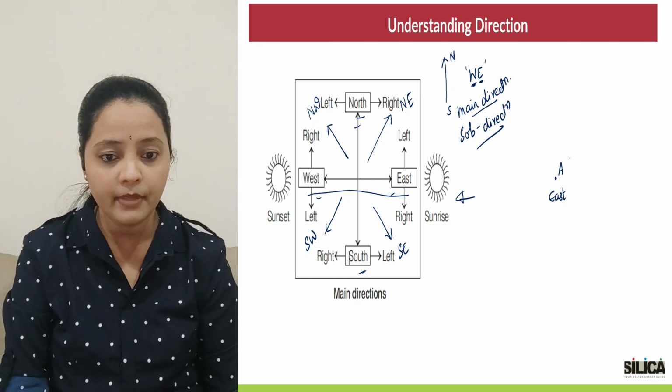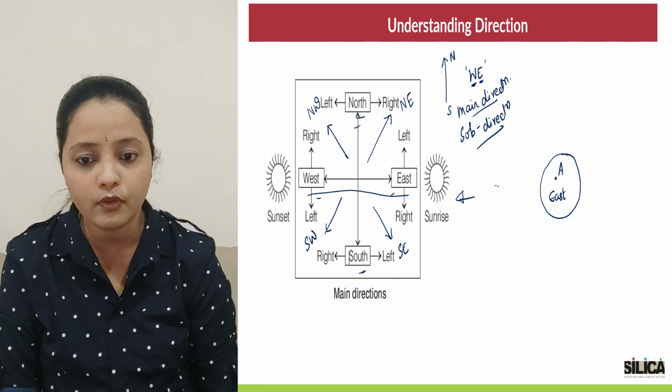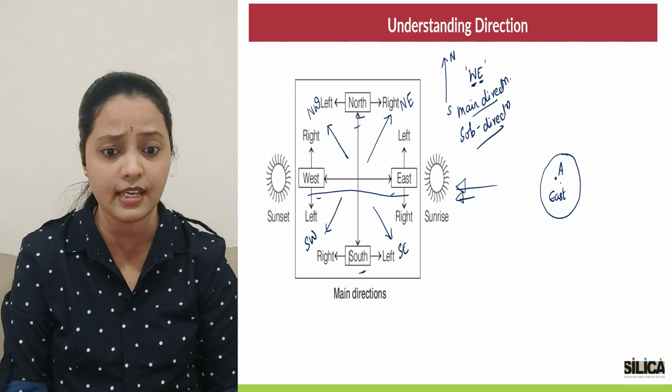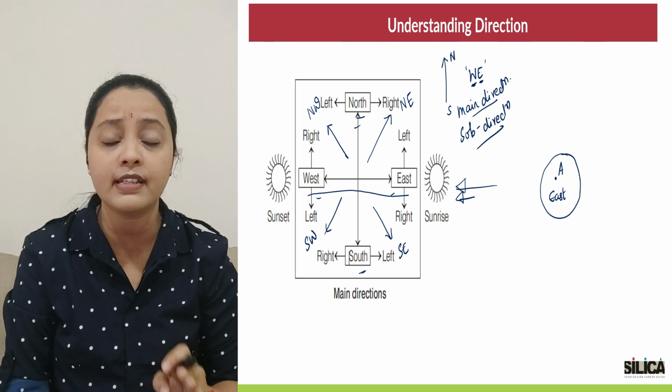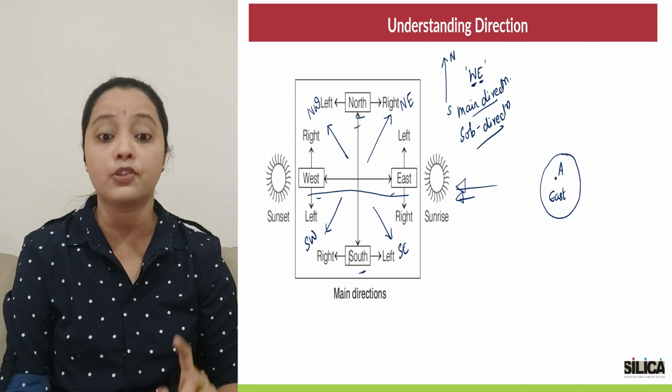Reason being, immediately when I put this point A onto the plot, you would take the reference of this direction sense chart that I've made on the left, and you can see this point A lies to the right hand side of the screen. So you might say the answer is east. Remember, this is wrong.